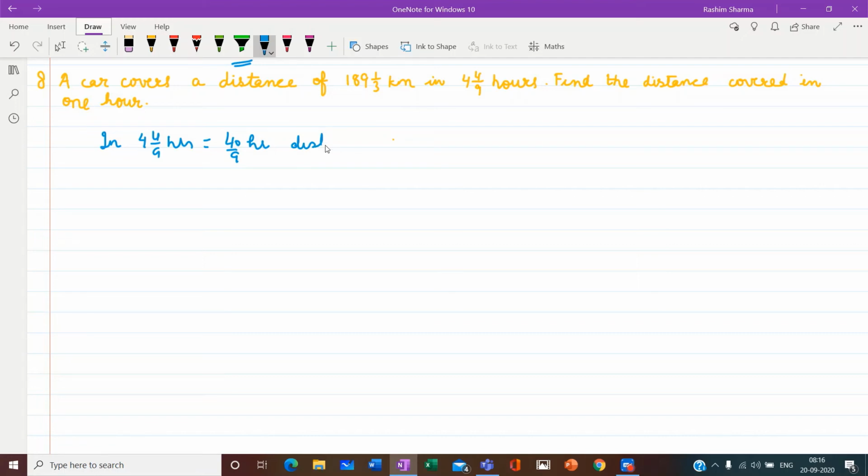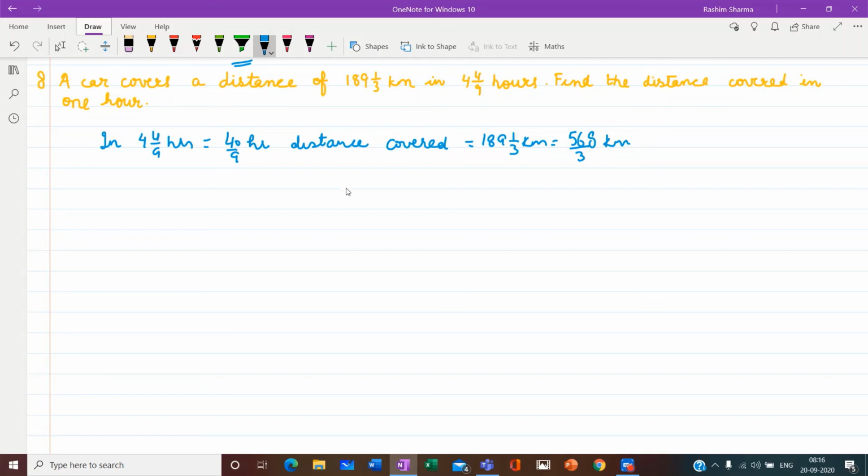Distance covered is equal to 189 1 by 13 kilometer, means when we change it to improper we get here 568 upon 3 kilometers.